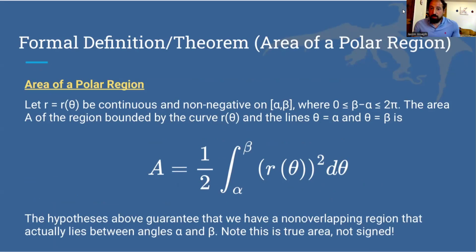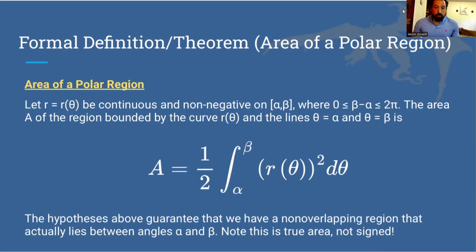We also want it to be non-negative, and we want the angles, their breadth to be no more than 2 pi. So then the area of the region bounded by those angles and the curve r of theta is going to be 1/2 times the integral of r of theta squared d theta, evaluated from alpha to beta.